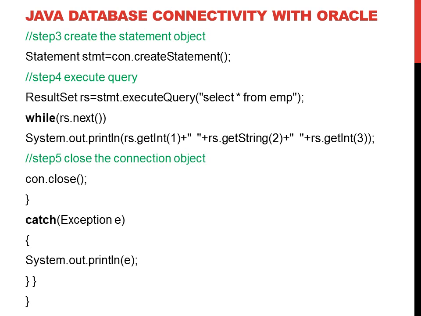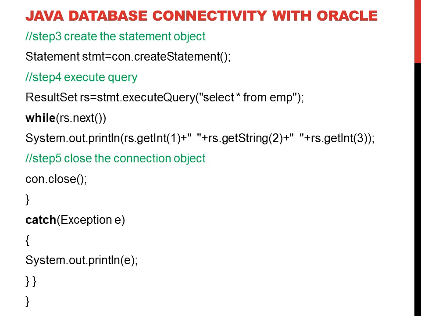Since we are using a select command, we have to use the execute query method of the statement object, which returns a result set. It should be stored in a result set object. Here the result set object is rs. rs is equal to statement object dot execute query select star from EMP.